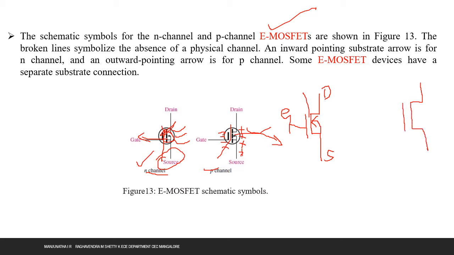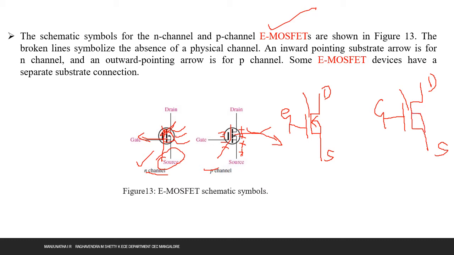Here it is a gate, here it is a drain, here it is a source, and here it is a gap, which means there is no channel. We want to create a channel.